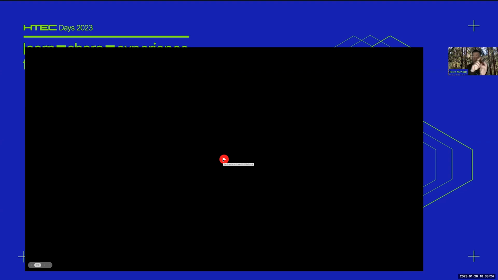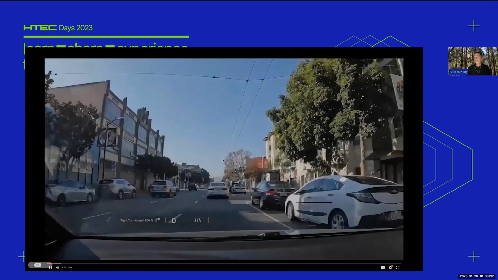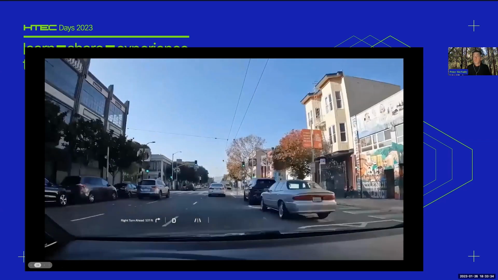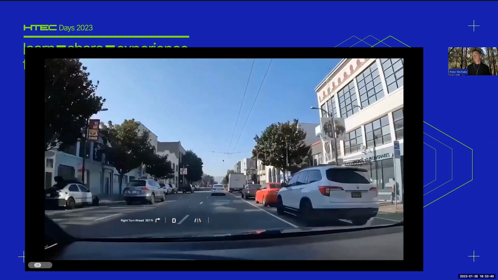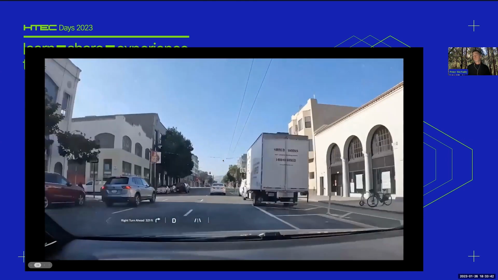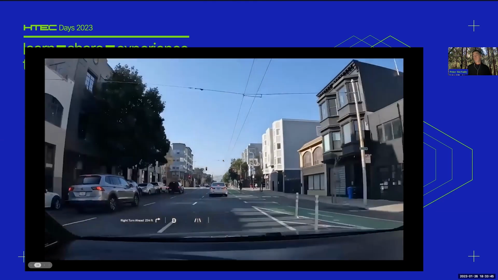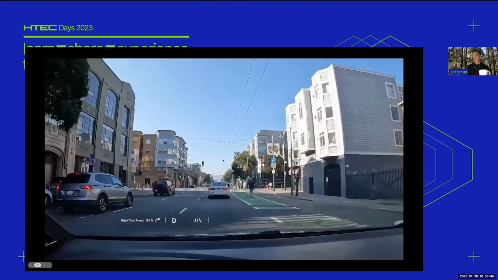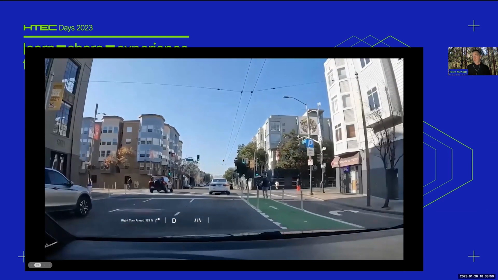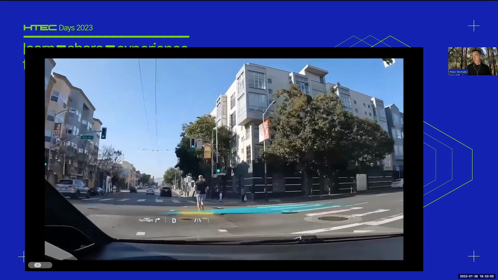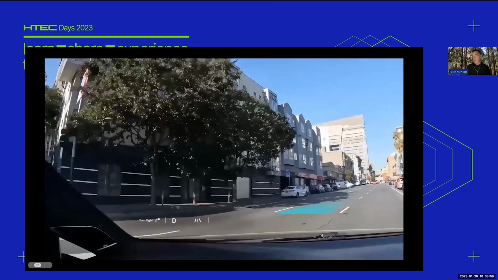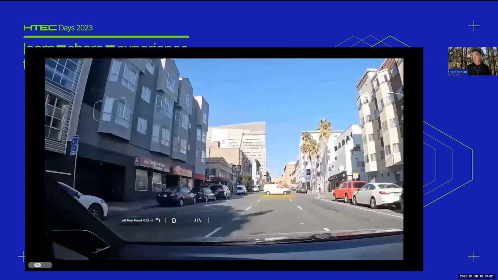So the interplay between the two was what we were working out. Again, I apologize for no audio, but there's the voice command in addition to the actual elements on the windshield.